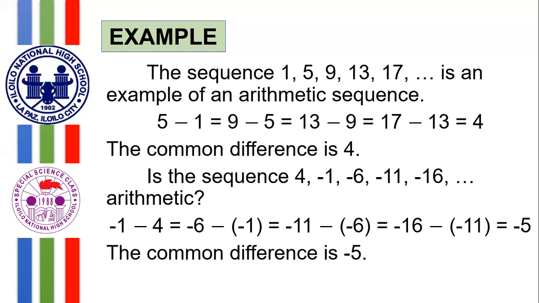And when is the common difference negative? So observe the sequence. If you see this one, 1, 5, 9, 13, 17, the sequence is increasing and the common difference is positive. And if you could see here, the terms are becoming smaller and smaller as you progress, and the common difference is negative. And we have to remember this.